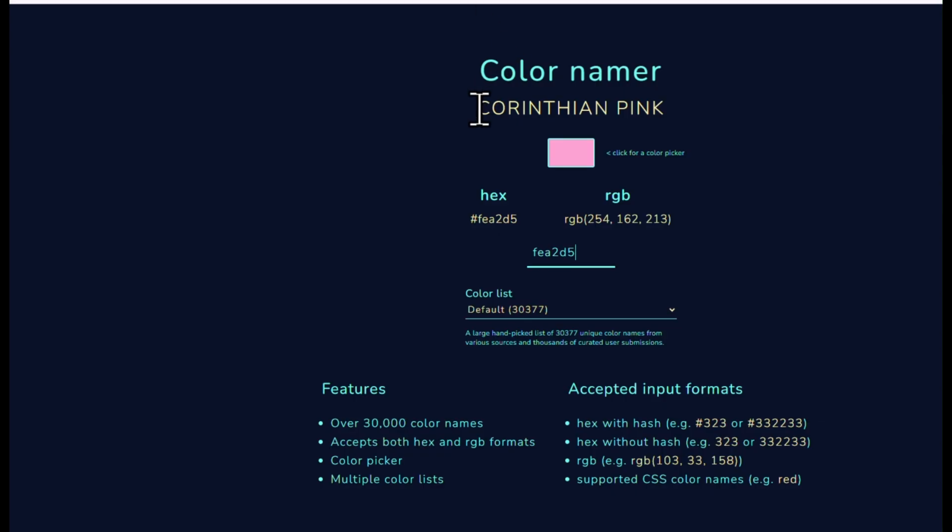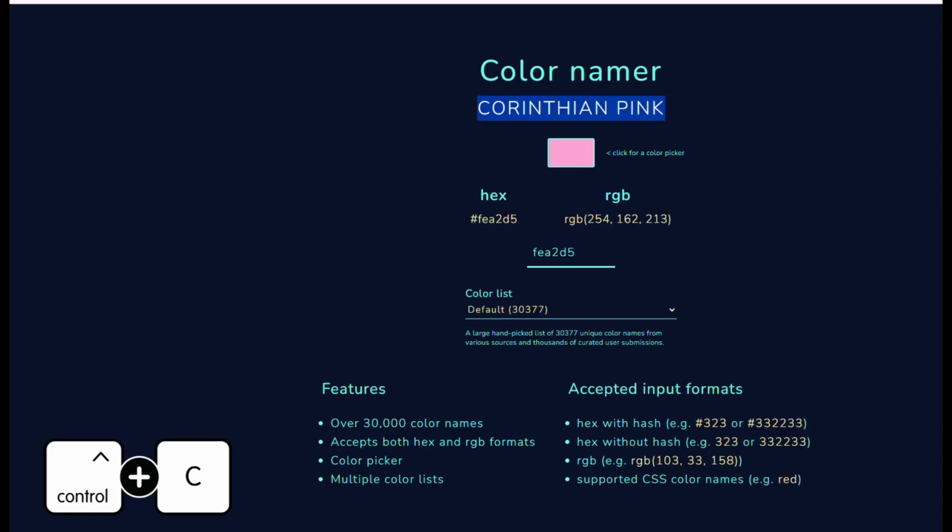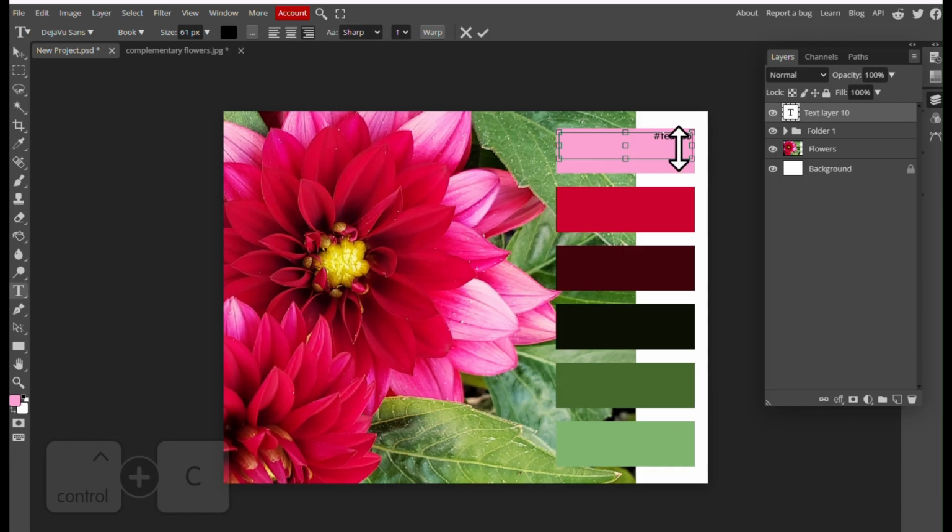So remember, you can always come back here. If you want to copy this, you can, or you can freehand it and then paste it. And we want that Corinthian Pink title to be bold. We want it to stand out more. So I'm going to click on it and select all of it.